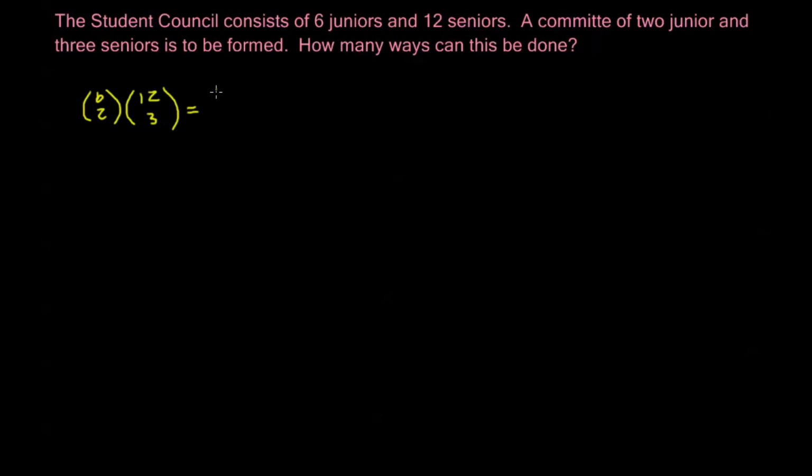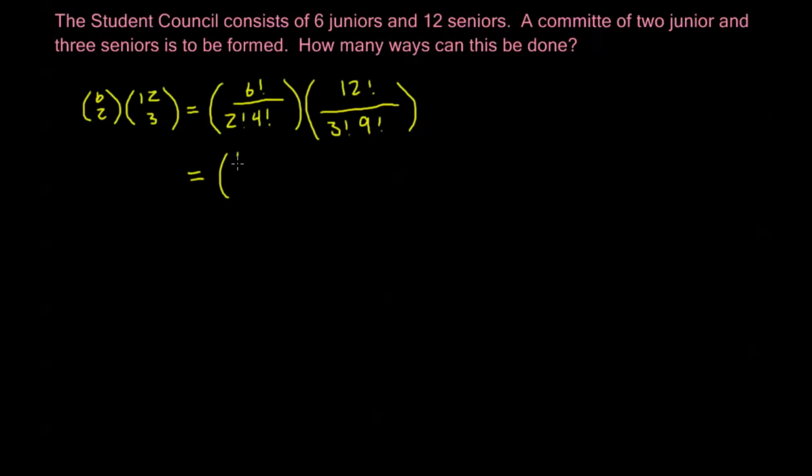So 6 choose 2. I know that that's going to be 6 factorial divided by 2 factorial times 6 minus 2 factorial, which is just 4 factorial. And 12 choose 3, that's 12 factorial, divided by 3 factorial, times 12 minus 3, or 9 factorial. Now I can simplify this down. 6 factorial divided by 4 factorial is going to be 6 times 5, right?